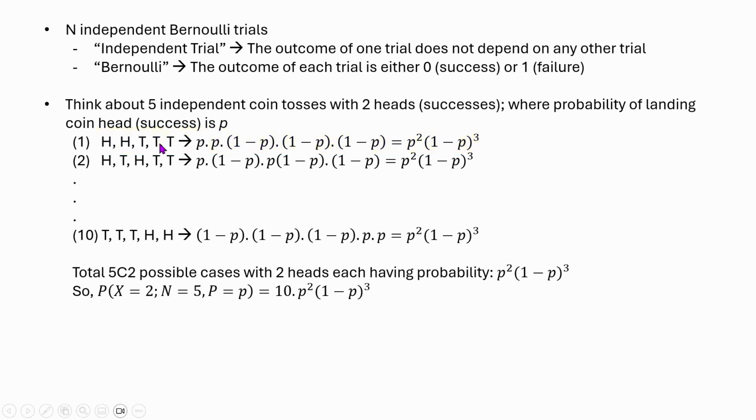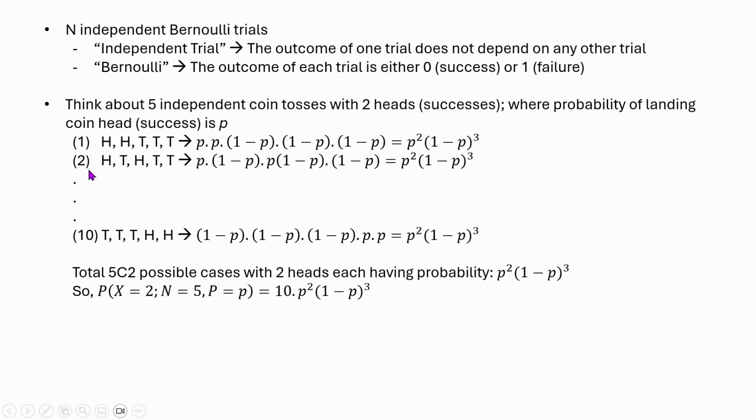But this is not the only way that we can reach 2 heads and 3 tails. This can be also another combination where the first trial is head, the second trial is tail, third one is head, and then the last 2 are tails. And we can put their probabilities right here, and we are going to reach the same outcome, which is P square into (1 minus P) whole cube.